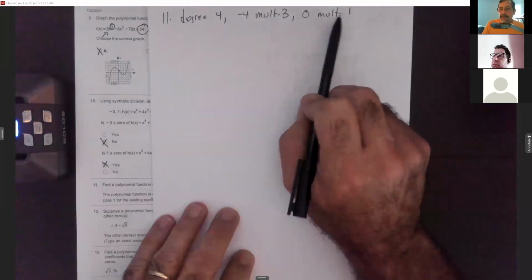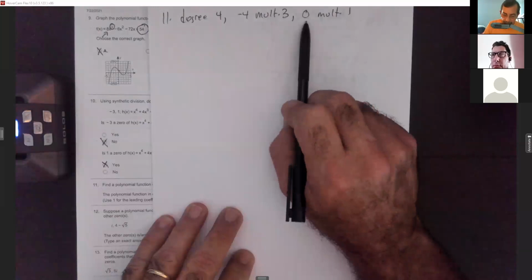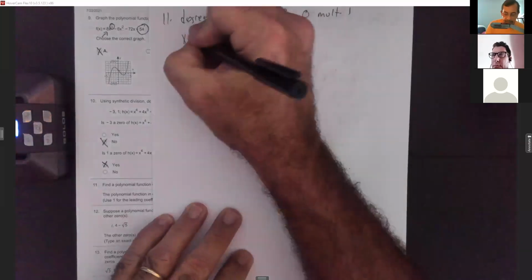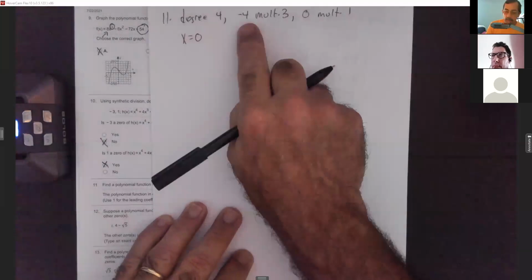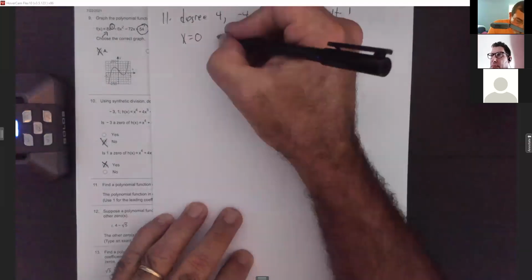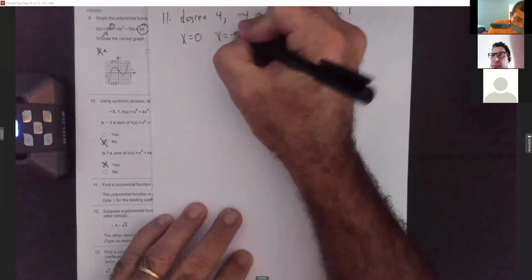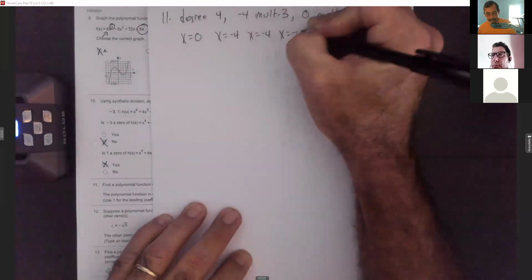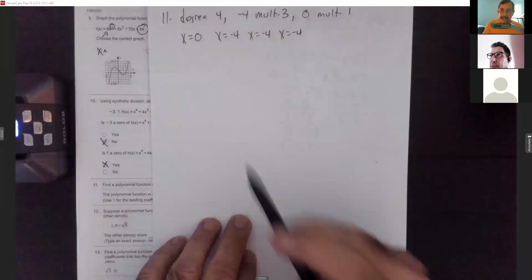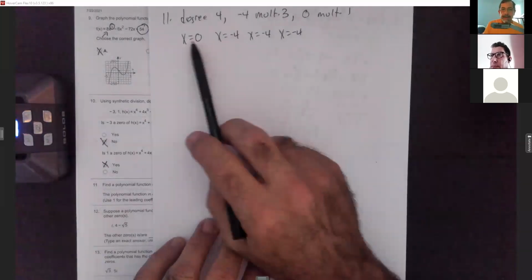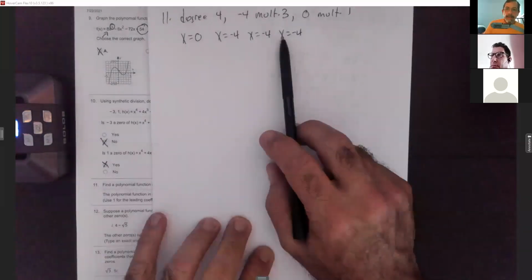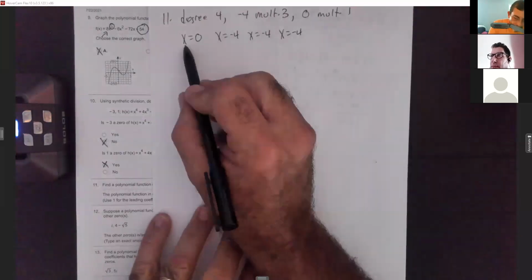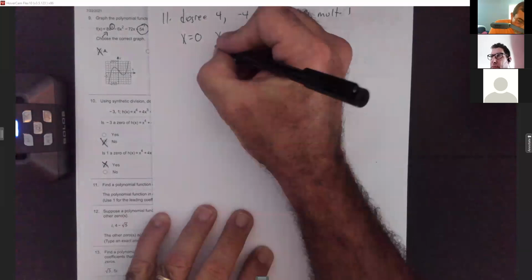So I always put my zeros first. So that means x equals 0. And then I'm going to have x equals -4 3 times. So degree 4 has to have 4 zeros sitting right here, which we do. So now we had to get a 0 on the right side. So that one's good. So the other ones, I'm going to add 4 to both sides.